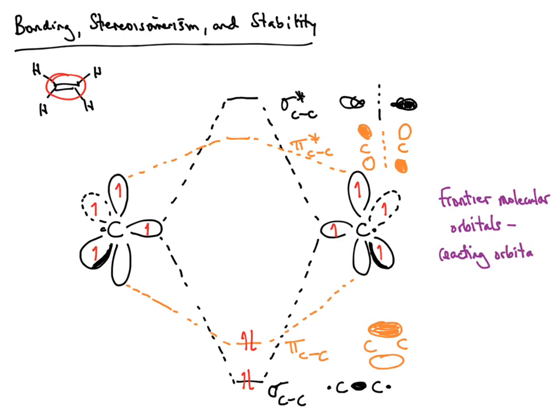These are the ones that are going to be involved in chemical reactions. And so there are 2 orbitals that we worry about for alkene systems. The first is known as the HOMO. And the HOMO stands for the highest occupied molecular orbital.